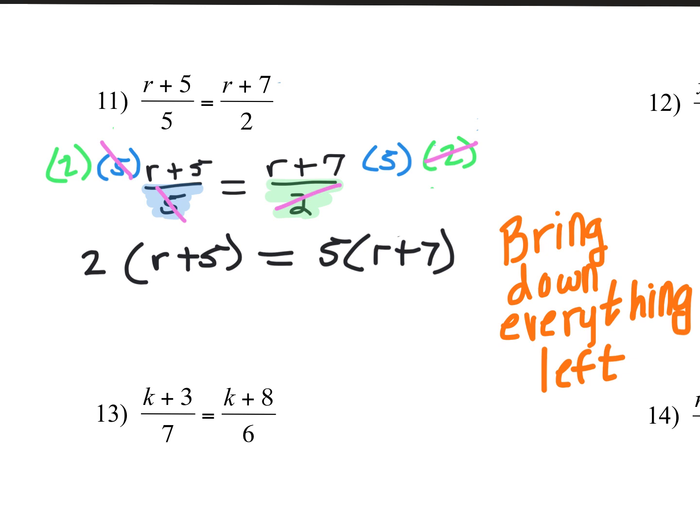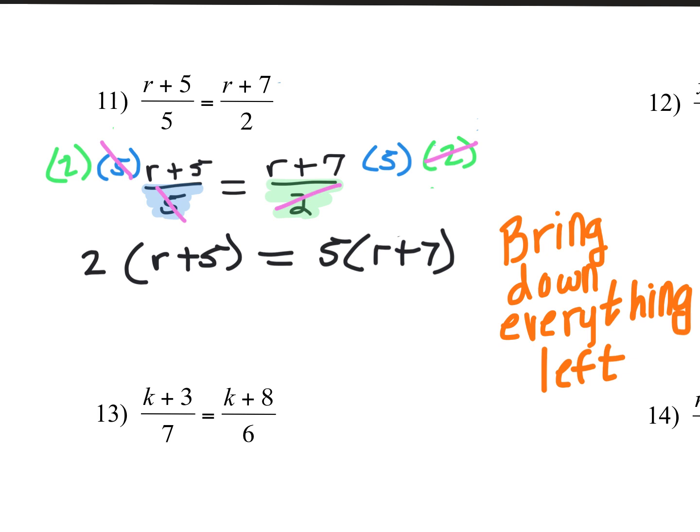It reminds me that I need to multiply the 2 by the r and the 5. That's the same reason I put parentheses around the r plus 7, because I also needed to multiply the 5 by the r and the 7. It reminds me that all of that needs to be multiplied together.